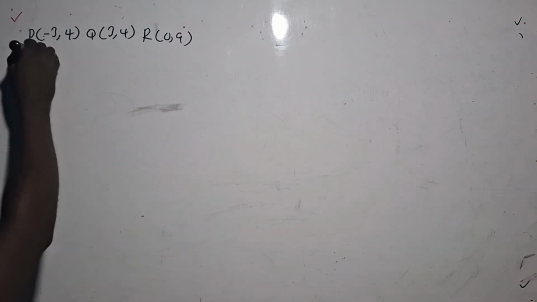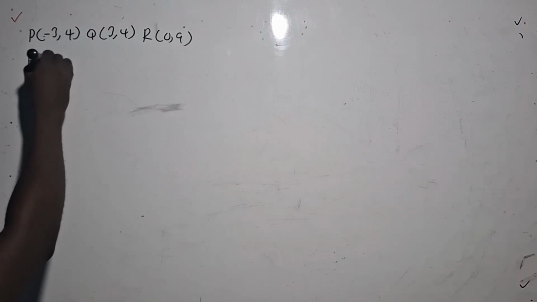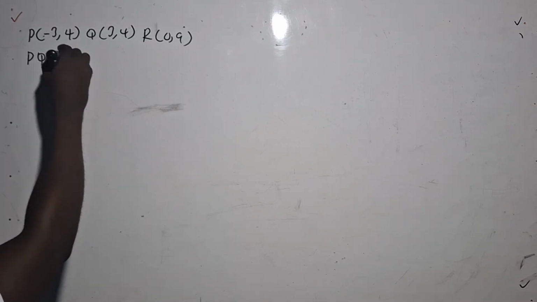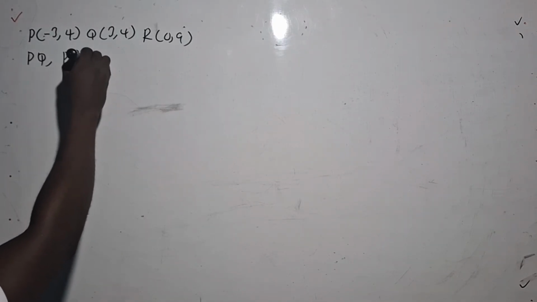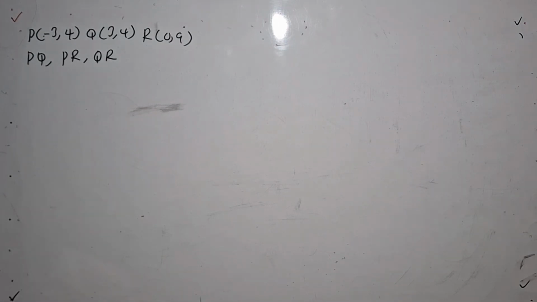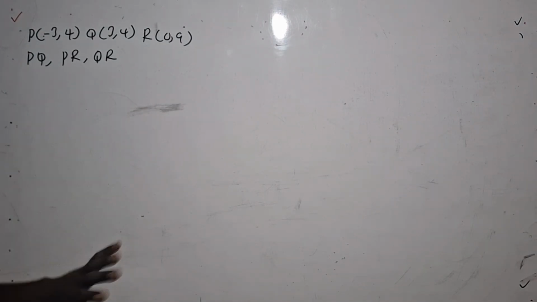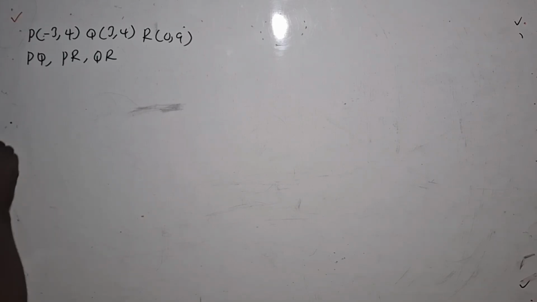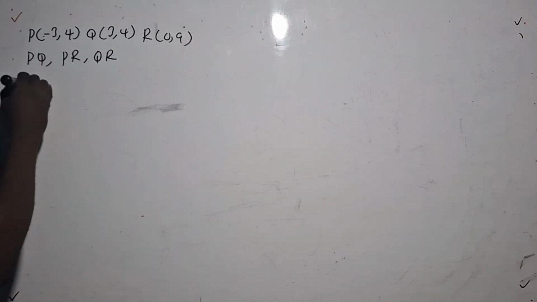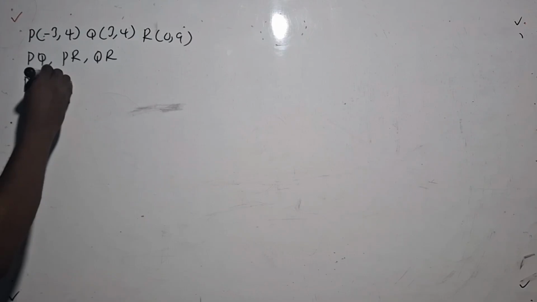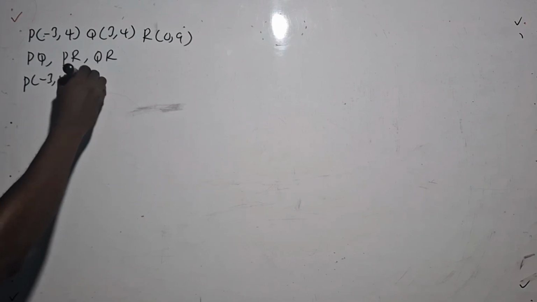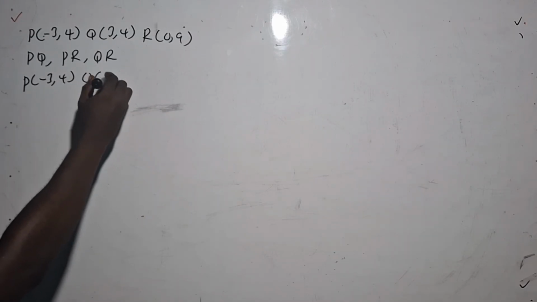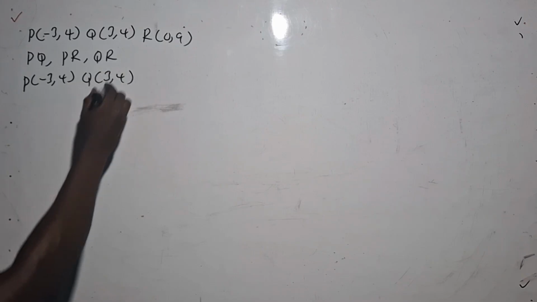So this means that we can join PQ, we can join PR, then we can join QR. So these are the pairs we can get. So first of all, let's find PQ: P is negative 3, 4, and Q is 3, 4.